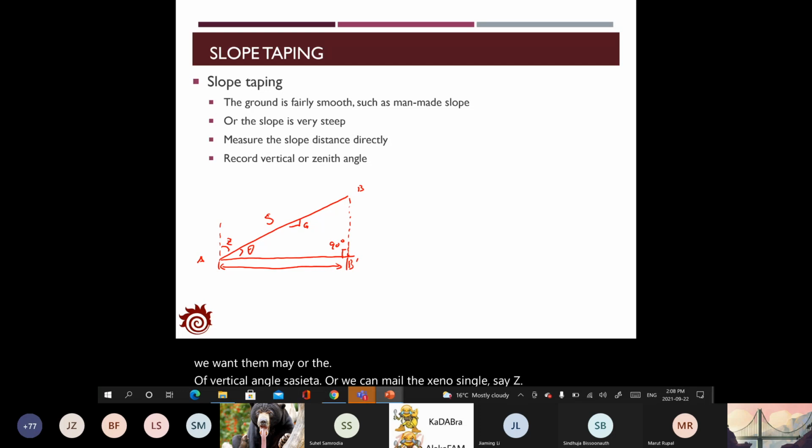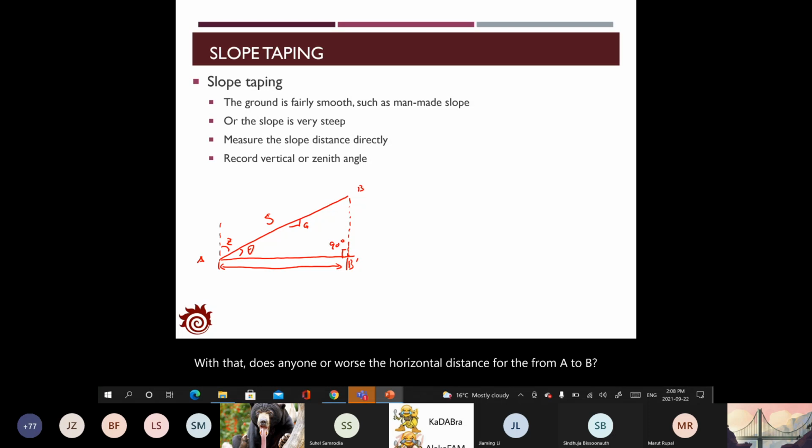With that, does anyone know what's the horizontal distance from A to B? Okay. Cosine theta. So yes, say that this is the horizontal distance h, and so we have h equal to s times the cosine theta.